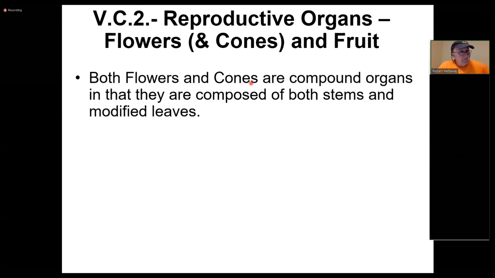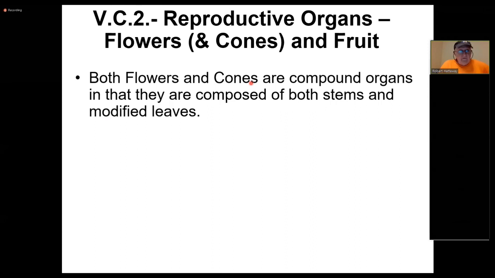And even seed plants, we're going to find out, maybe not today, but we're going to make it clear eventually, maybe down as far as Roman numeral 8, plant reproduction, that even seed plants have spores. Now, flowers and fruits are compound organs. That means they're made up of leaves and stems, and the leaves are modified.